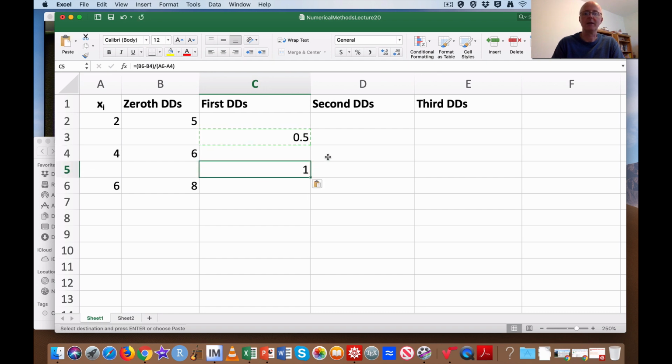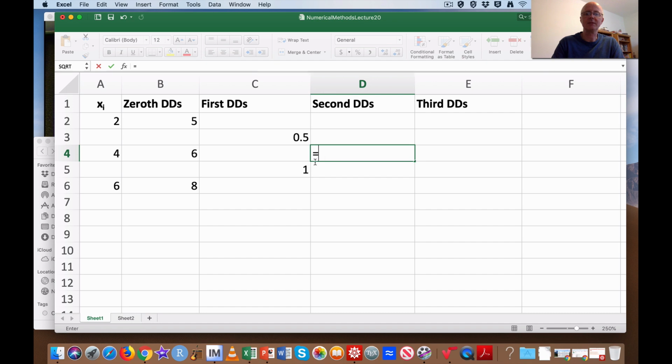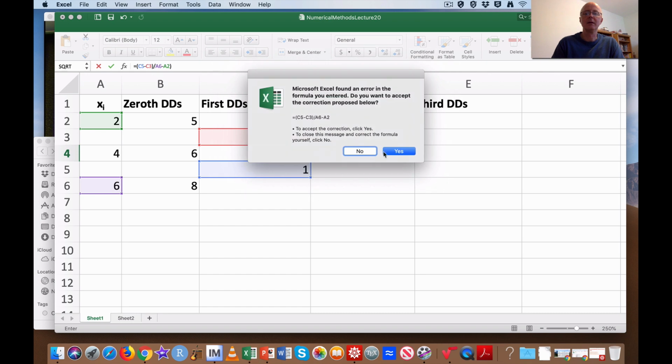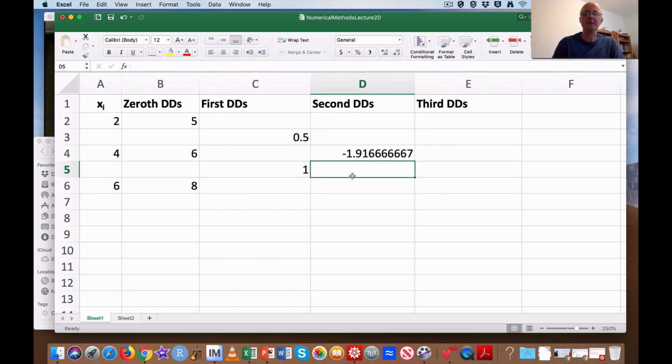We get our 1. For the second divided difference, do this minus this, all divided by this minus this. Notice again, based on how I've structured things, these are equally spaced from this line. These are 1 cell above and below, and these are 2 cells above and below the line that this thing is on. Forgot my parentheses.